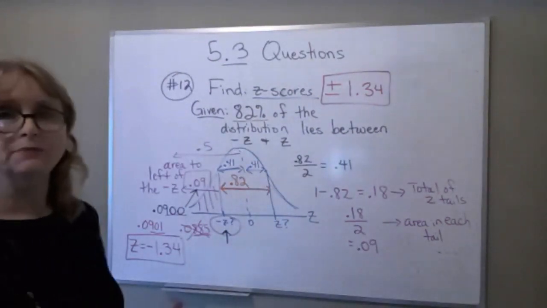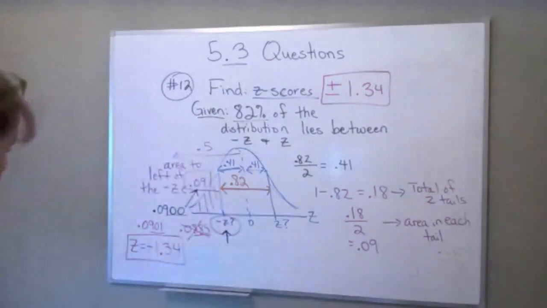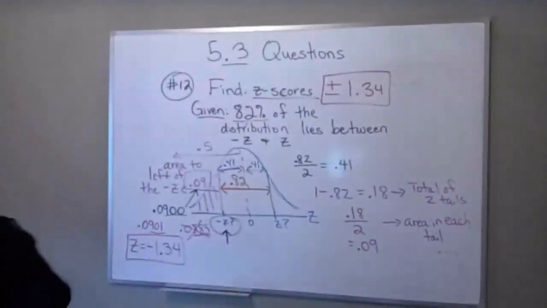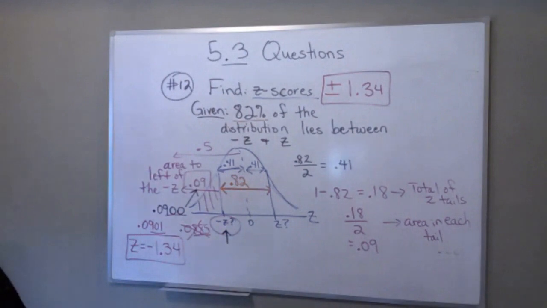So hopefully that helps you see that those two are very much alike, and that will help you with that. Let's do one that's a little bit different. Let's do number 14 together.